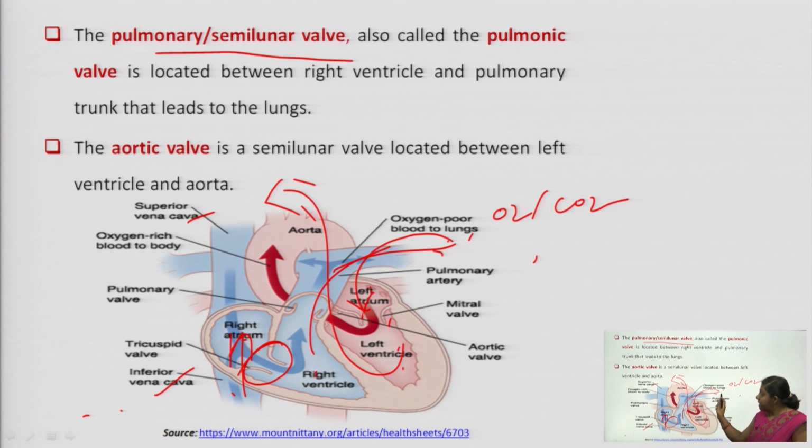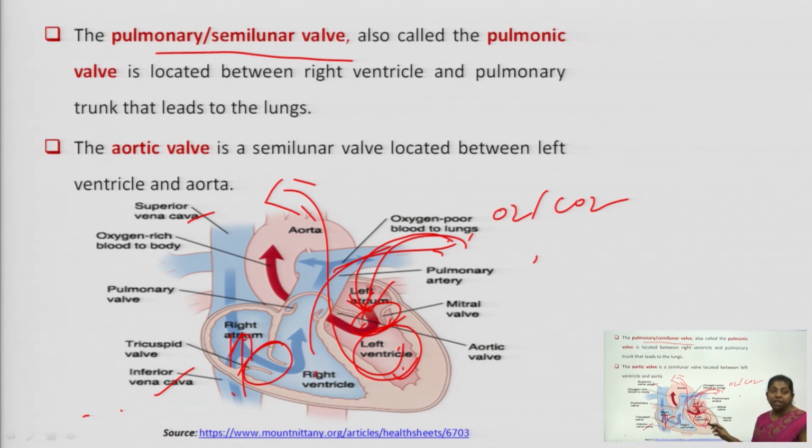So, once your oxygenated blood reaches back into your left atrium, it further crosses one more valve, that is the left atrioventricular valve or the bicuspid valve. After crossing this bicuspid valve, your blood enters into the left ventricle.